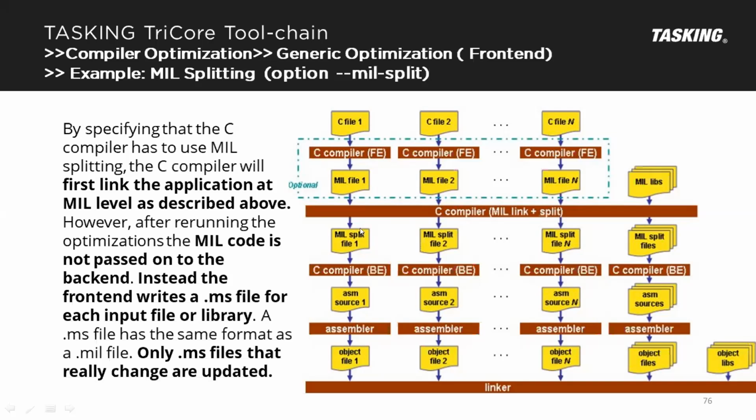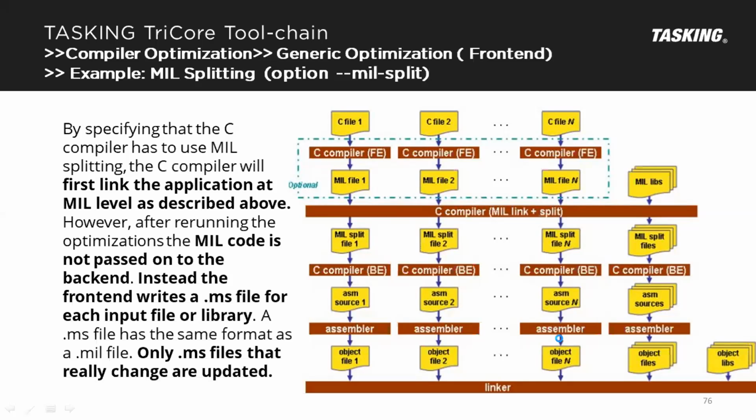The front end will generate some intermediary form of files called MS files. MS files stands for mill splitting files, one for every single file that's provided. After that, a back end will be applied on every single file.